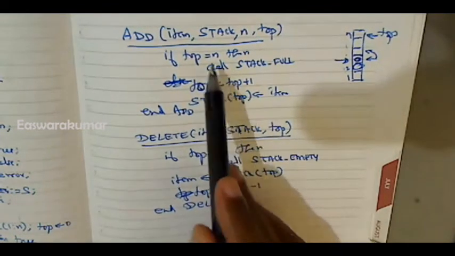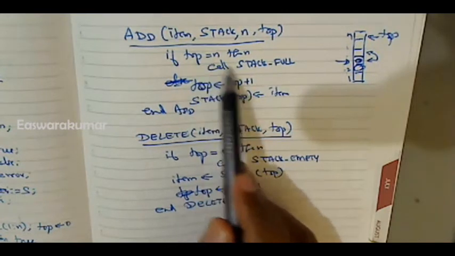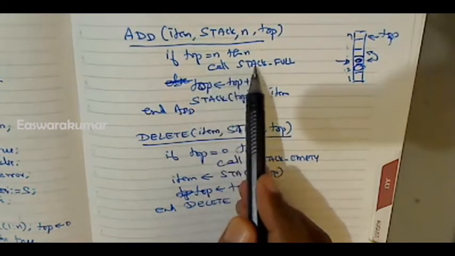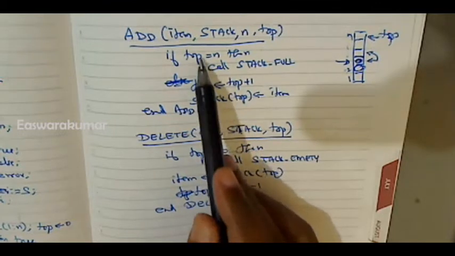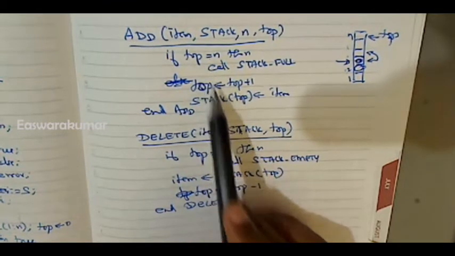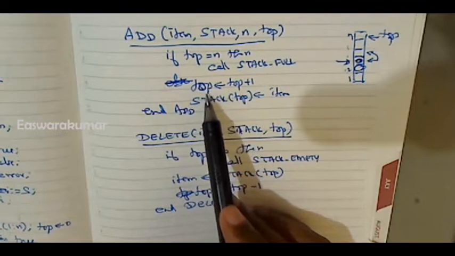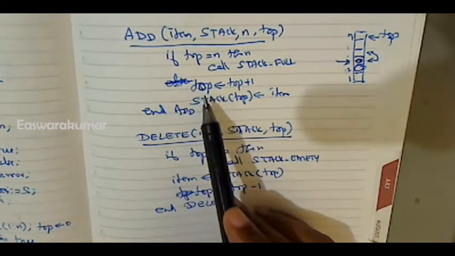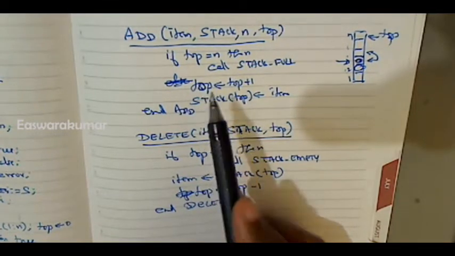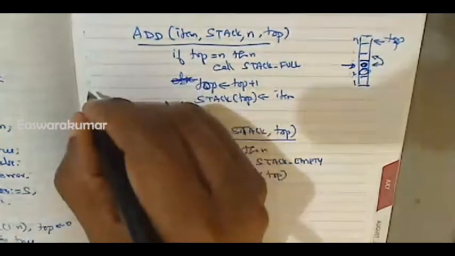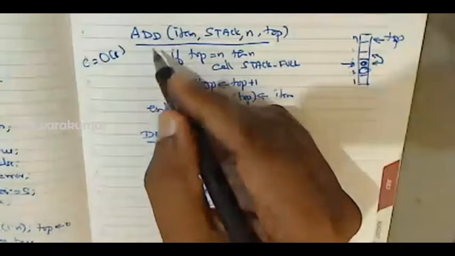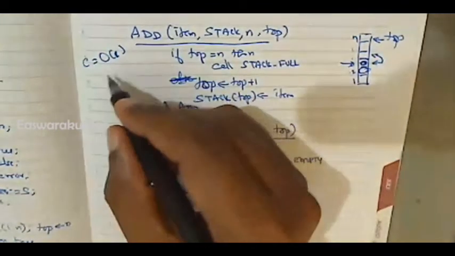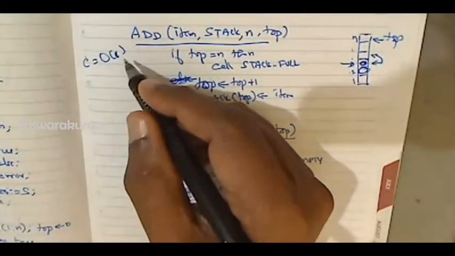It may execute or may not execute, we do not know, but this will be carried out. So 1 plus 1 plus 1, 3. Maximum 3 units of time. But 3 is a constant, and we already know that any constant asymptotically is order of 1. So the add function will take only order of 1 time.